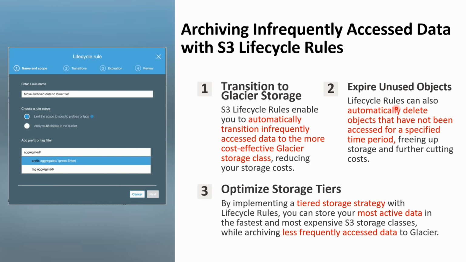Lifecycle rules can also automatically delete objects that have not been accessed for a specified period of time, which frees up storage and further cuts cost. Optimize storage tiers. By implementing tiered storage strategy with lifecycle rules, you can store your most active data in fastest and most expensive S3 storage classes. And you can archive less frequently accessed data to Glacier.